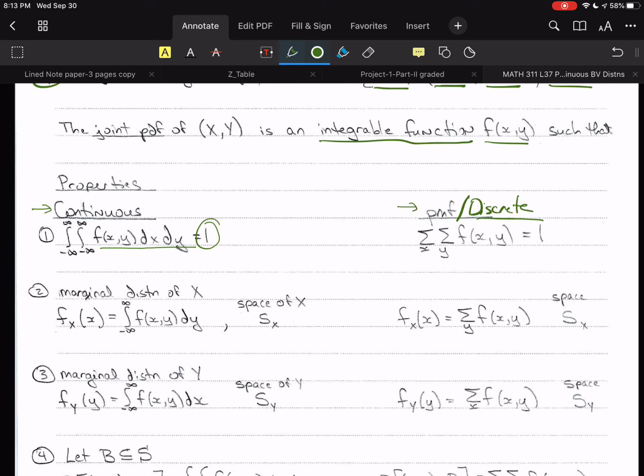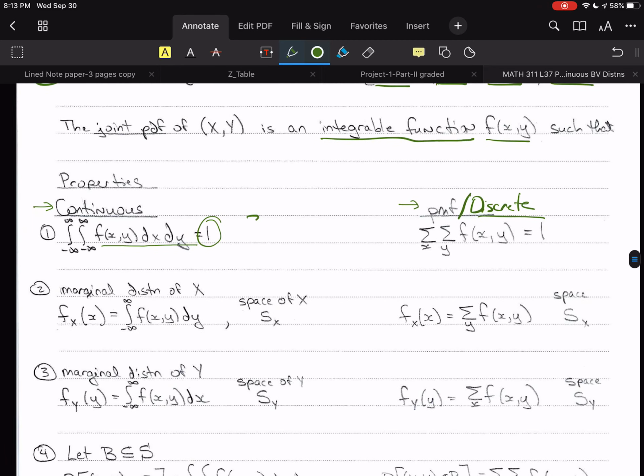So the area under the PDF in both x and y, and in z, so remember that you can think of the z dimension or the third dimension equals f of (x, y). So the integral of f of (x, y) is a volume that has to equal 1 in xyz space.